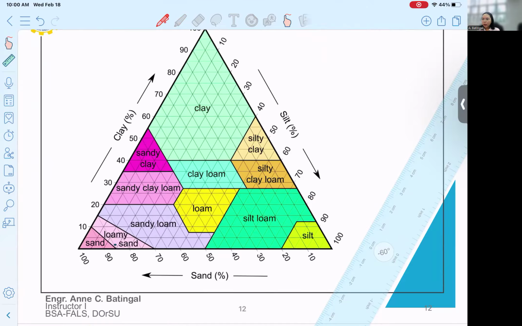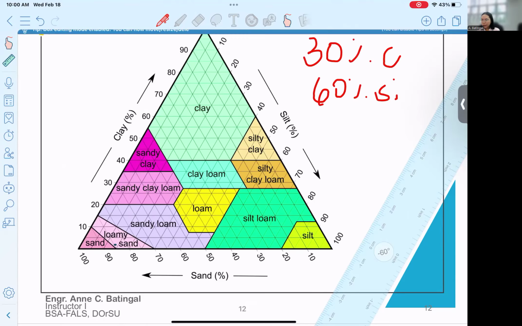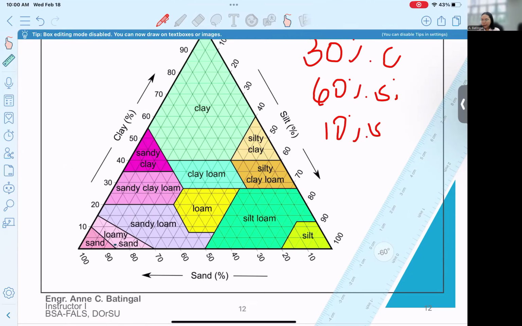Okay, next, what if your soil is, let's say, 30% clay, 60% silt, and 10% sand.